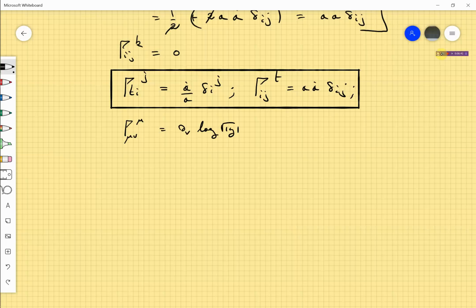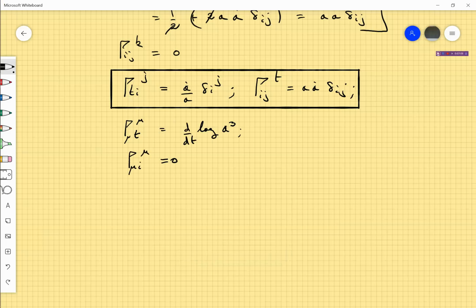Now remember that this is just a cube, which means that you can only do this test really for t. In this case you will get something different from 0, and for the spatial components you have to get 0.